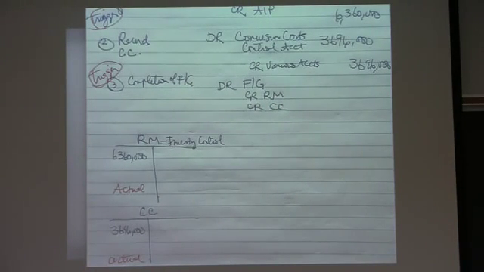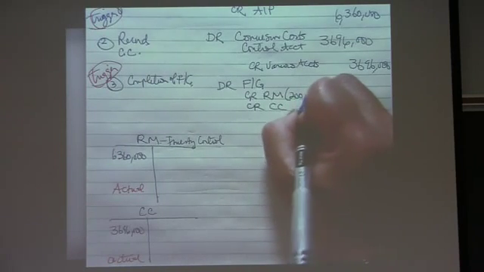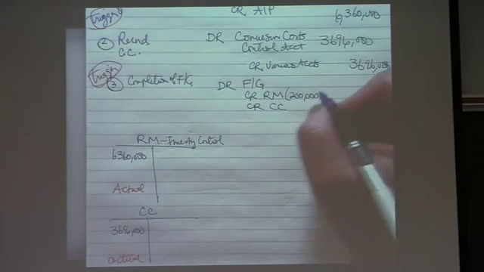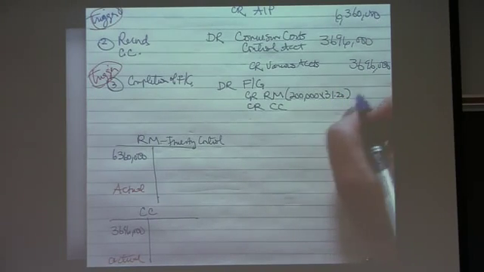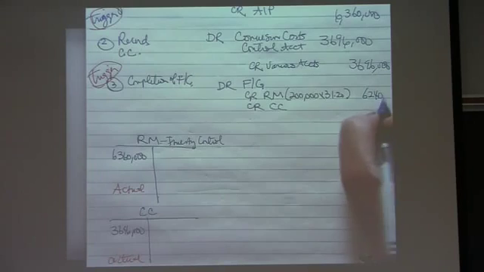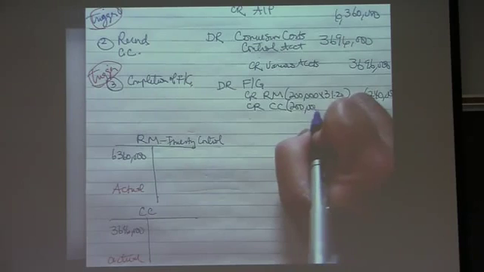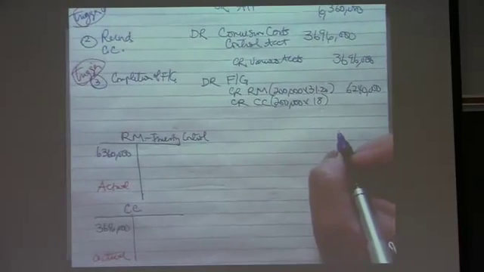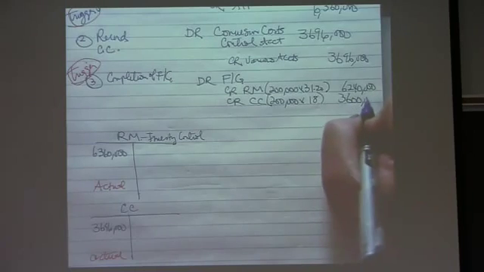Now, we're given budgets. We're told that for the raw materials, there are 200,000 units, and the standard raw material is $31.20. So we're going to credit 6240. And this conversion is 200,000 times $18, which is 3,600,000.